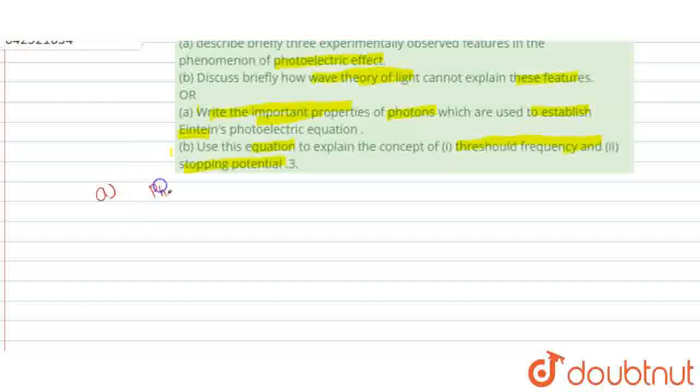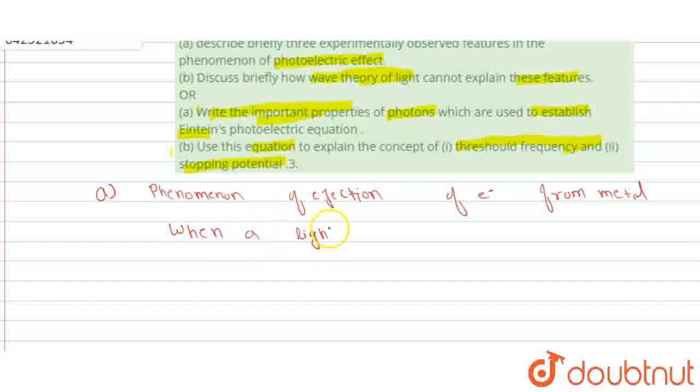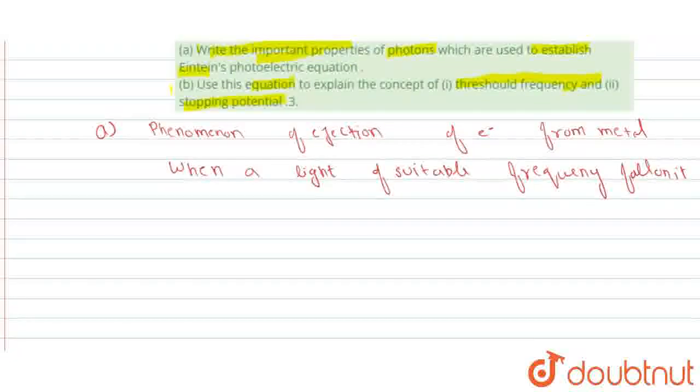It is defined as the phenomena of ejection of electrons from the metal surface when a light of suitable frequency will fall on it.